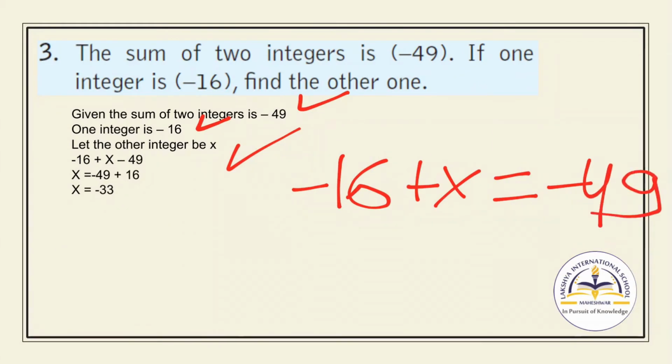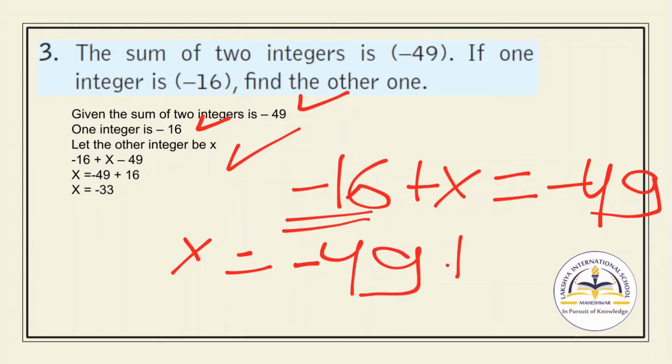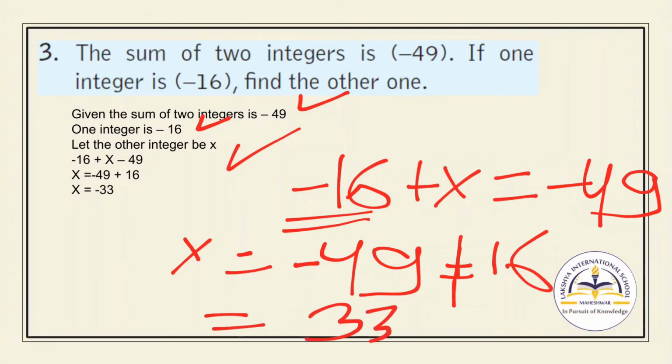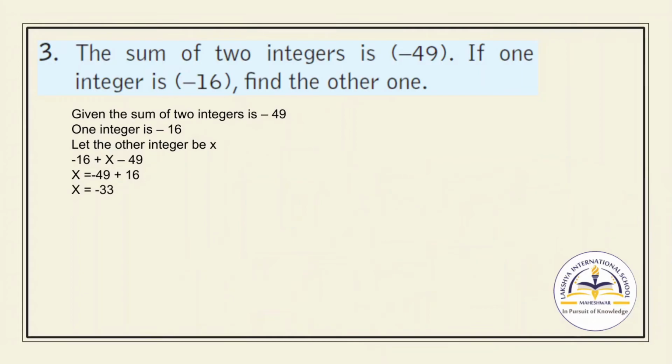We have to write x equals minus 49 plus 16. When we transfer a negative value from the LHS to the RHS, it becomes positive. Now 49 minus 16 is 33, with the sign of 49 being minus, so minus 33 is the answer.